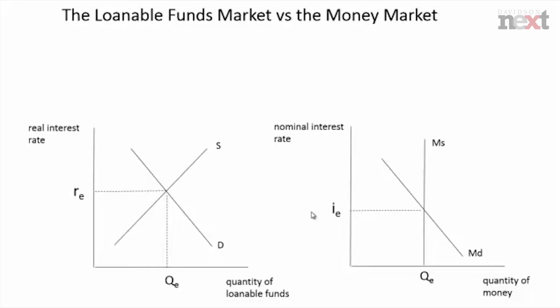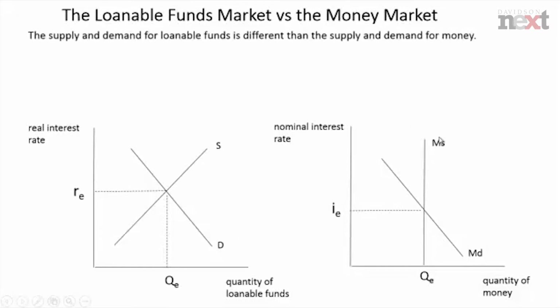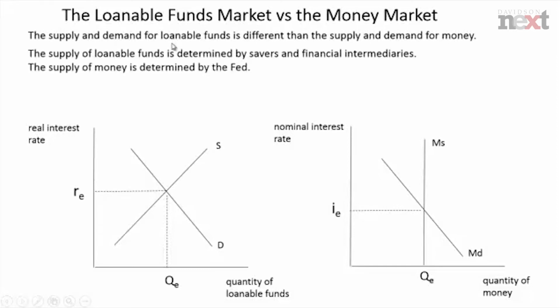Moving on to another topic, I wanted to be sure that you didn't confuse the market for loanable funds with the money market. Look at this. The market for loanable funds is completely different and separate than the money market. The supply and the demand for loanable funds is different than the supply and the demand for money.